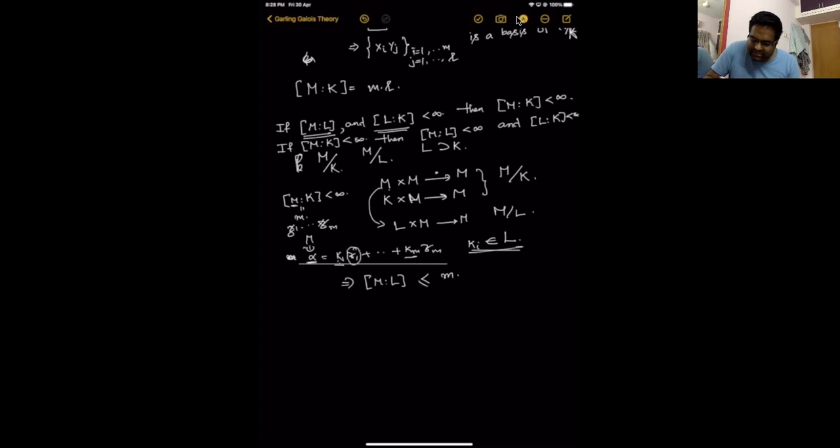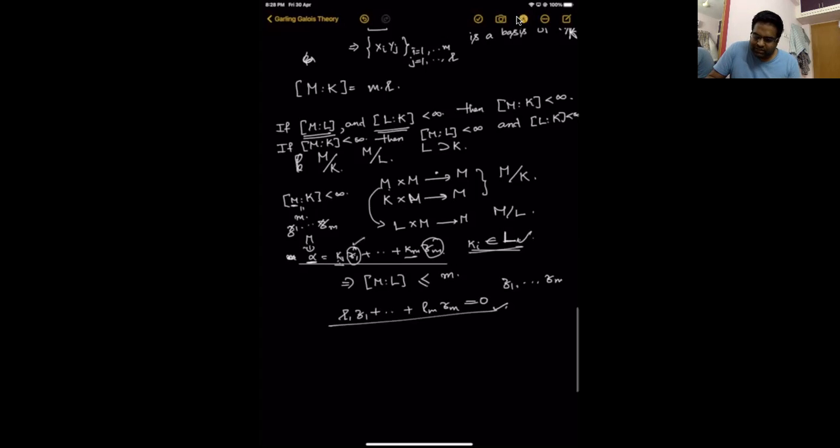Note that these elements z1 up to zm need not be linearly independent if you consider them over L. There may possibly be some non-trivial linear combination of z1 up to zm with coefficients in L. But I don't need that. All I need is, if you have a spanning set, you already know that a basis is contained in the spanning set.